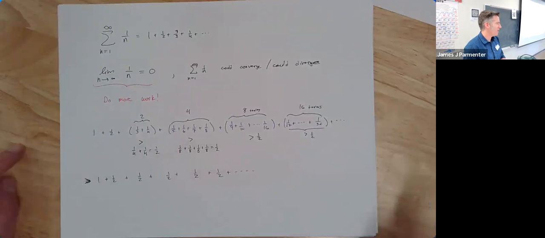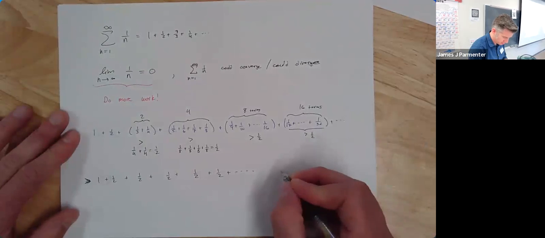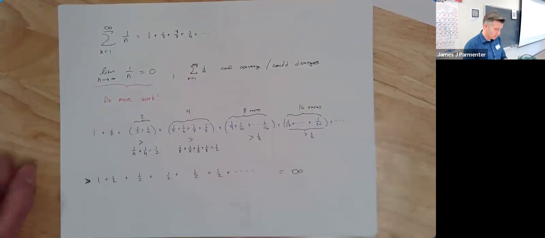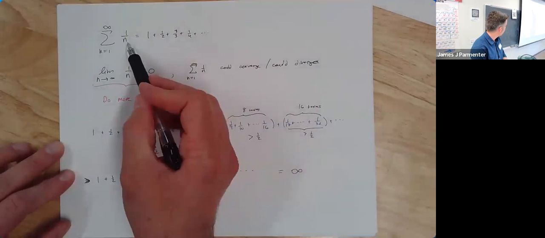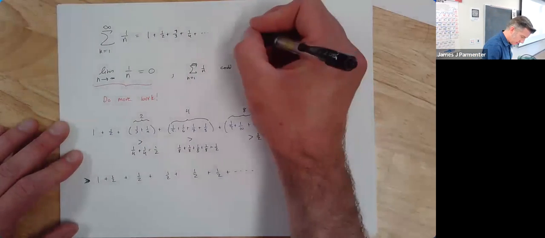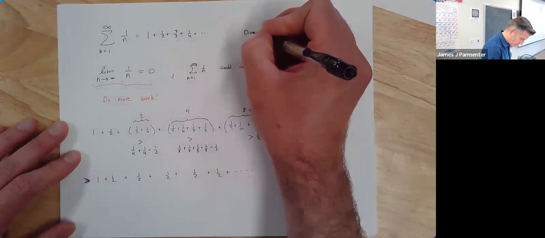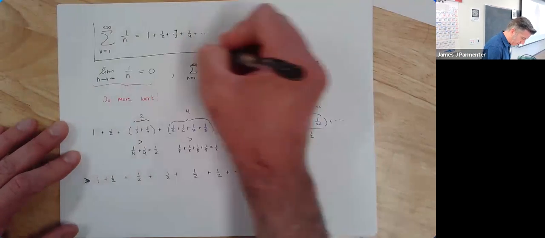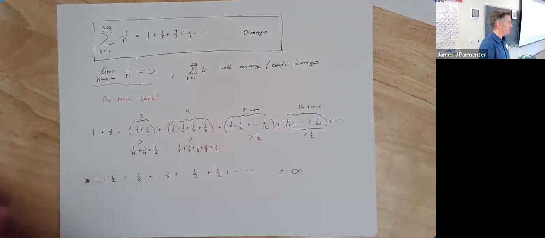And what's a half plus a half plus a half an infinite number of times? I think that's infinity. So that's one way of showing that this series diverges, because you are adding up 1/2 an infinite number of times.